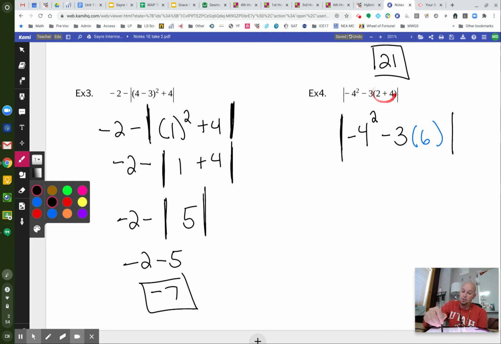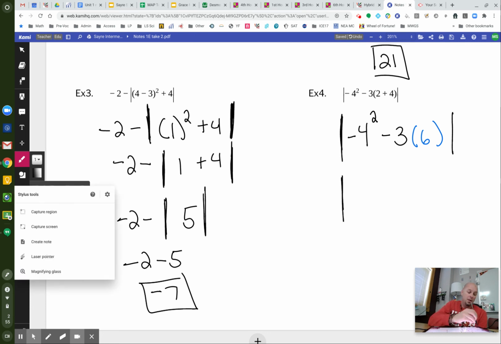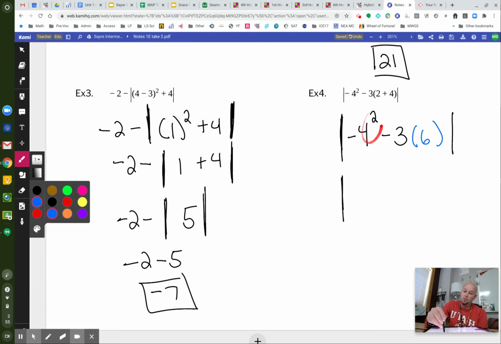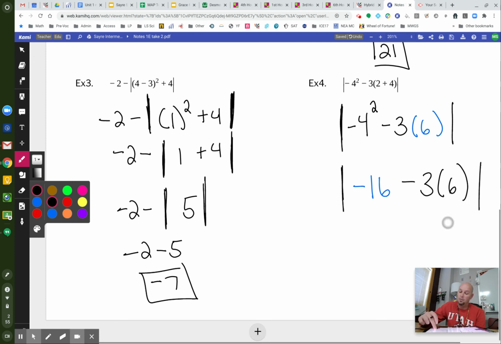Because I need to do this before I do anything else. And then order of operations tells me next, because this right here is multiplication, I need to do my exponents next. So I'm going to have the absolute value of the opposite of 4 squared, which is negative 16, minus 3 times 6, all inside the absolute value.